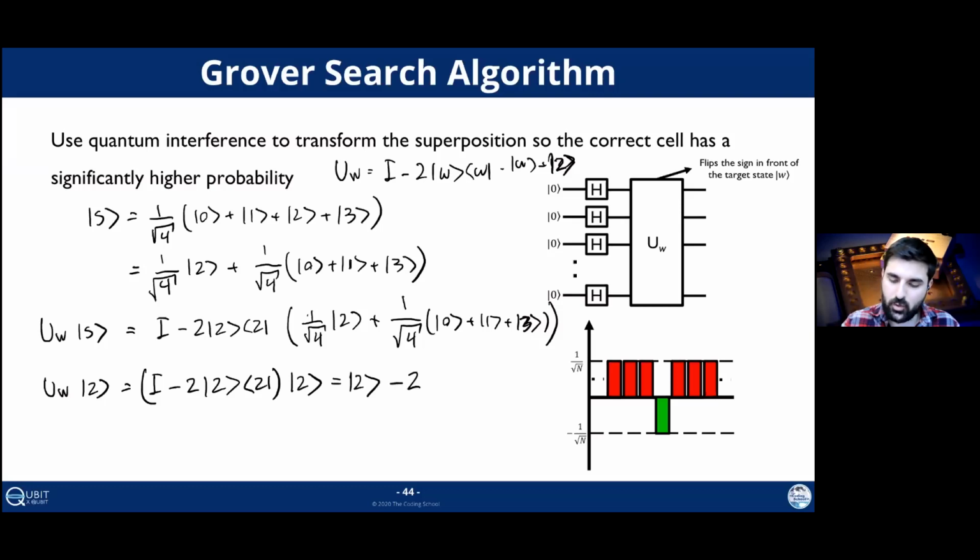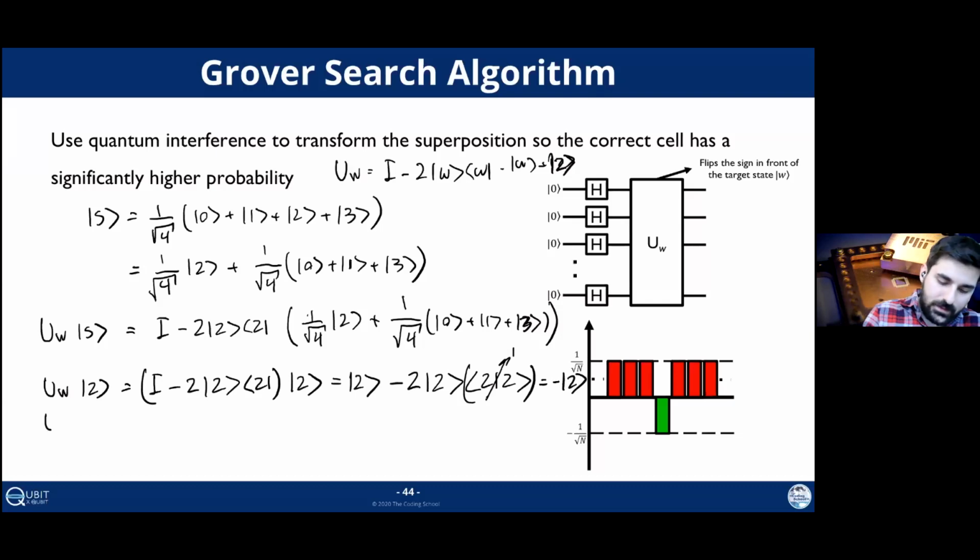And now I have minus 2 times this thing, where the 2 here is the state and the outer product of 2 is just the operator. Now, what do I get here? I told you that the inner product of any of these states with itself is just 1. So what I have here is a 2 state minus 2 times the 2 state. So I end up with a minus 2 here.